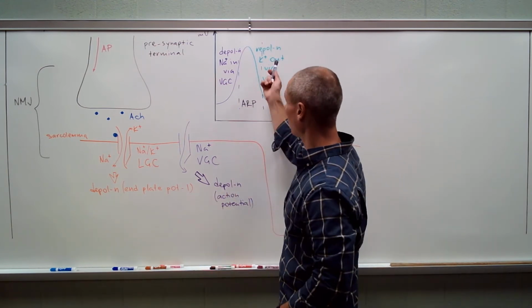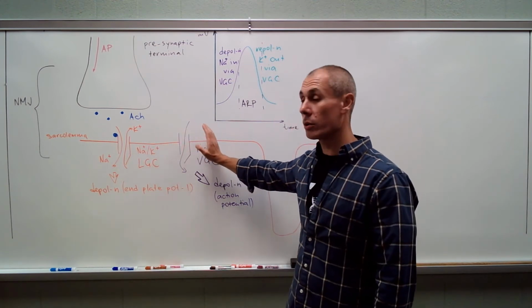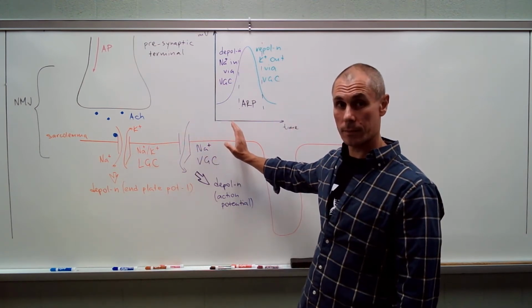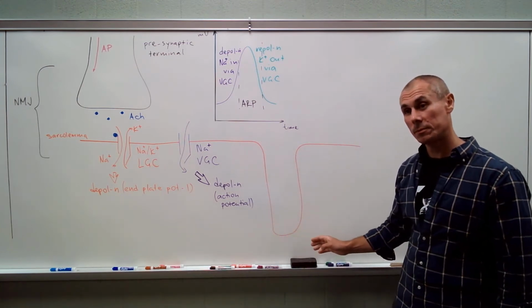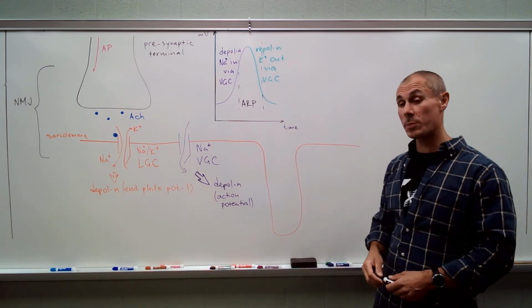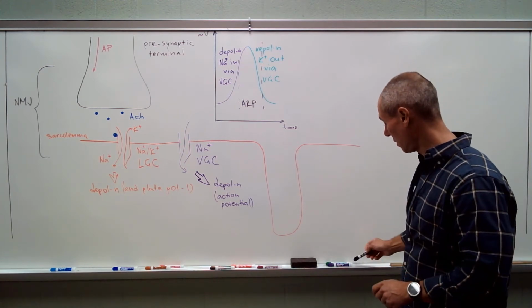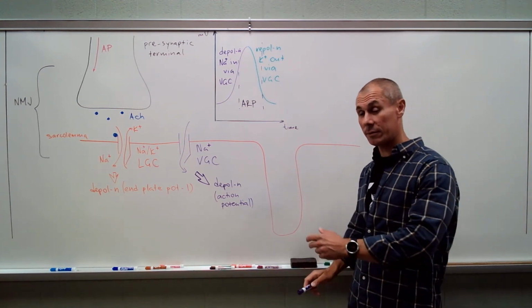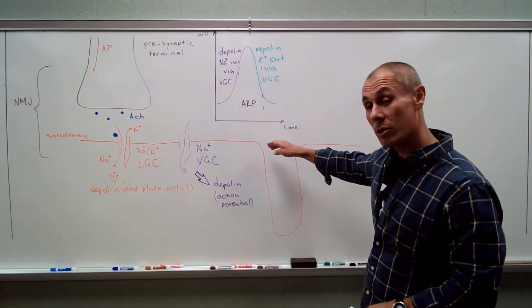Okay? Good? So we've got this wave. I'm not drawing the potassium channel. We've got this wave moving along the sarcolemma. We have T-tubules that, formally speaking, increase the surface area of the sarcolemma. But not just that. You see what happens?